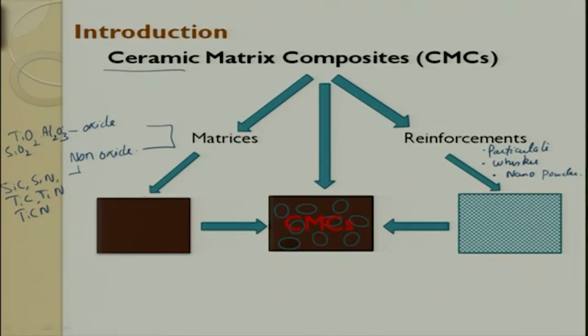These are some of the non-oxide ceramics. So, you can choose depending upon your requirements any one of these ceramics as a matrix, and then this matrix is blended or mixed with these reinforcements, and finally you get the output ceramic matrix composite.